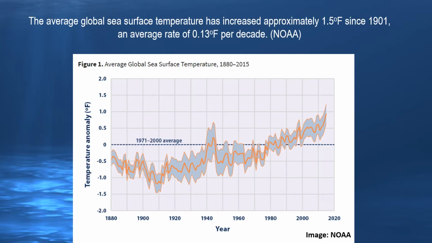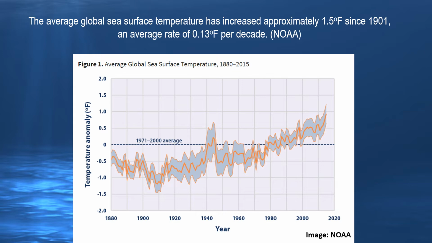Here is a graph showing the average global sea surface temperature starting from 1880 and ending in 2015. According to the graph, the average global sea surface temperature has increased approximately 1.5 degrees Fahrenheit since 1901.